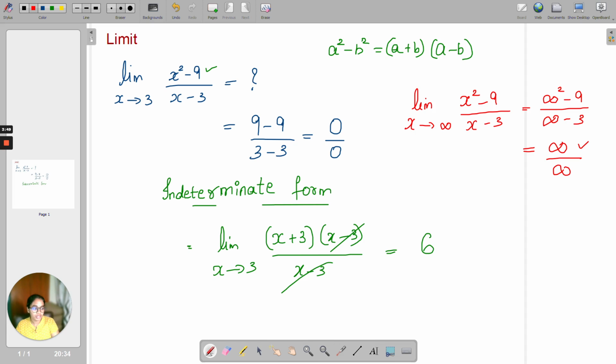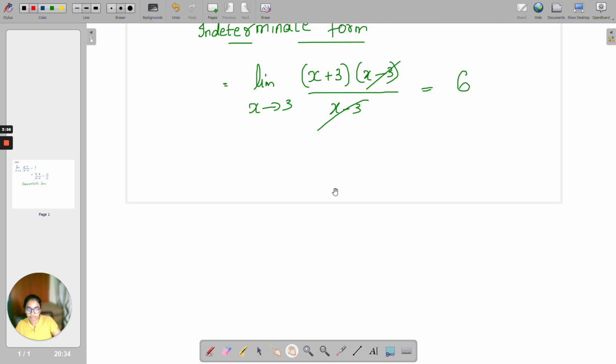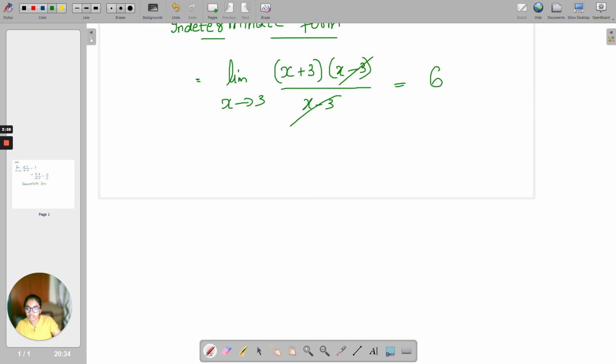Are there any other indeterminate forms? Let me write that down. We saw that 0 by 0 is an indeterminate form, and infinity divided by infinity is an indeterminate form.